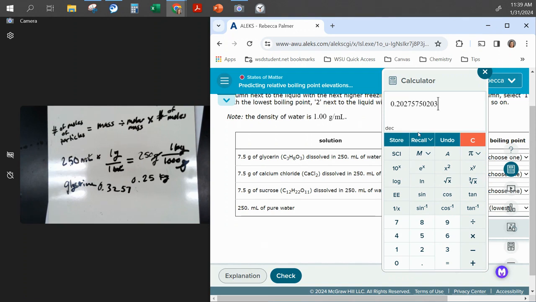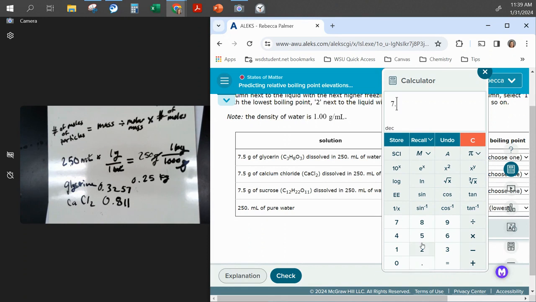Then I'm going to divide this by the kilograms of solvent. So the next one is calcium chloride, 0.811. And then the last one is sucrose.